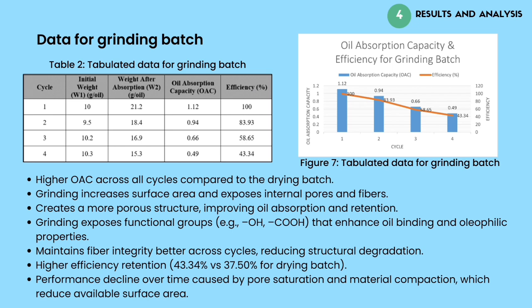The improvement is due to grinding, which increases surface area and exposes more pores, leading to better oil absorption. Although efficiency decreases with reuse, the ground samples consistently perform better than the dried sample.